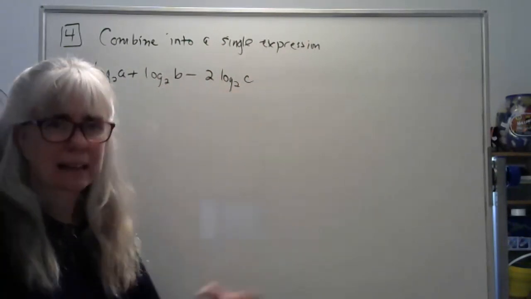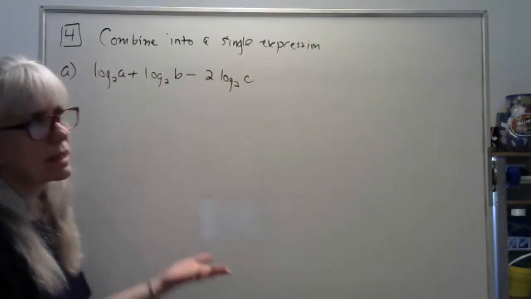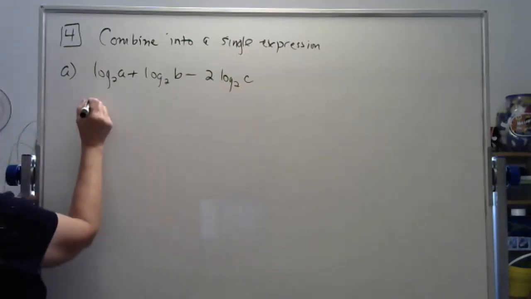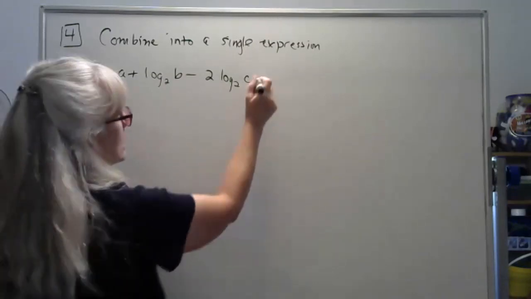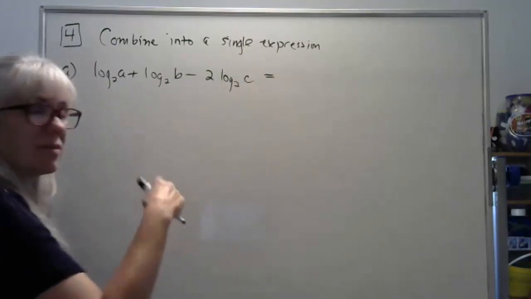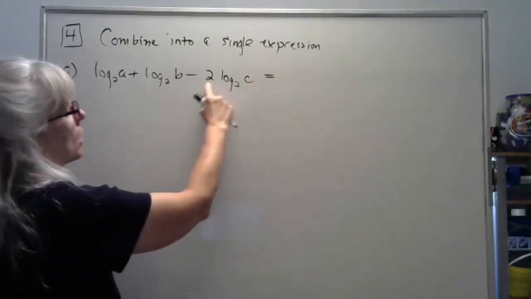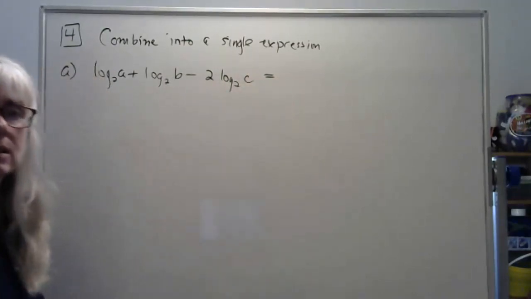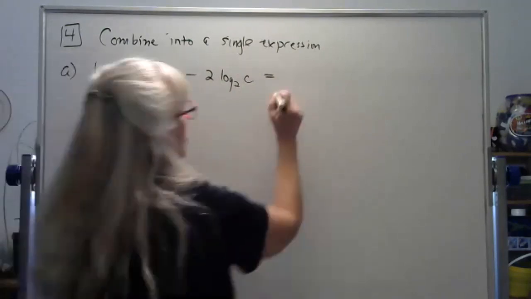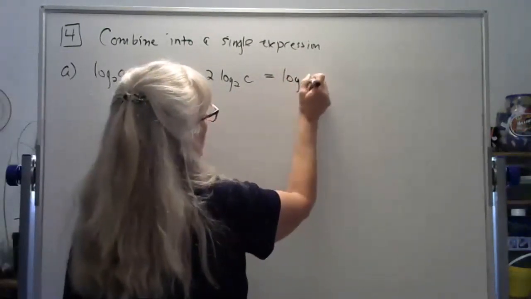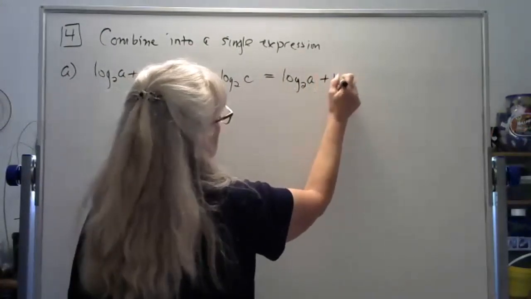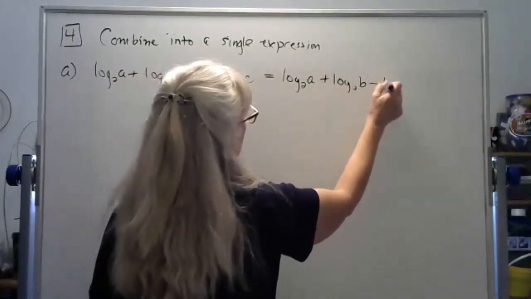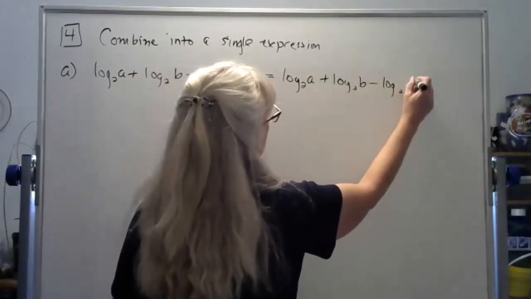We can't do that unless they have the same base, so it's a given. So my first pass through is going to take any outside coefficient, in this case the 2, and bring it in as an exponent. That's the first thing I'm going to do. So I'll have log base 2 of A plus log base 2 of B minus log base 2 of C squared.